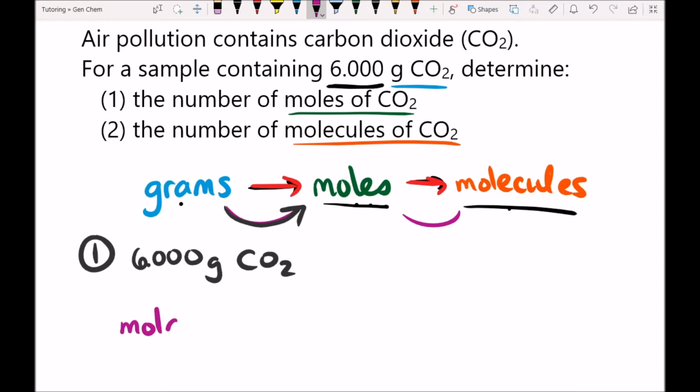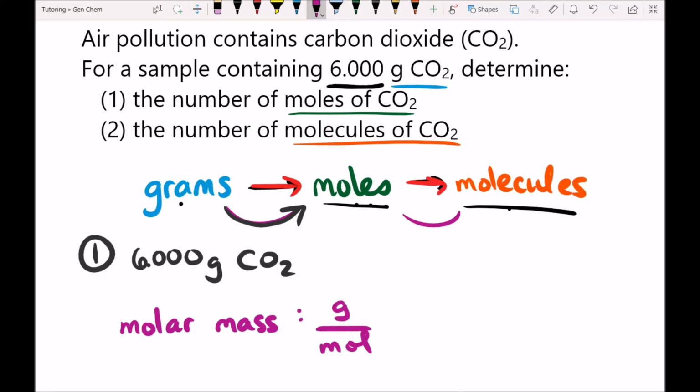So the molar mass is measured in grams over moles. So what's the molar mass of CO2? Well, we can look at the periodic table and then add up the atomic weights of the atoms, and that gets us the molecular weight of one CO2 molecule, and numerically the molecular weight is identical to the molar mass.